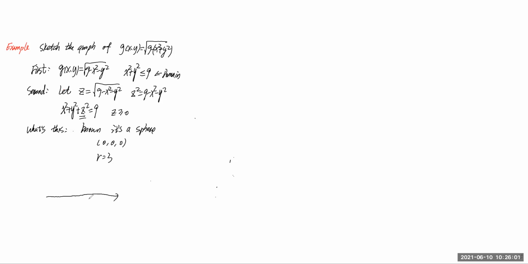So let's draw the picture. This is X, this is Y, this is Z. So when you are drawing the picture, it should be like this. Anyway, seems bad, but that's fine.